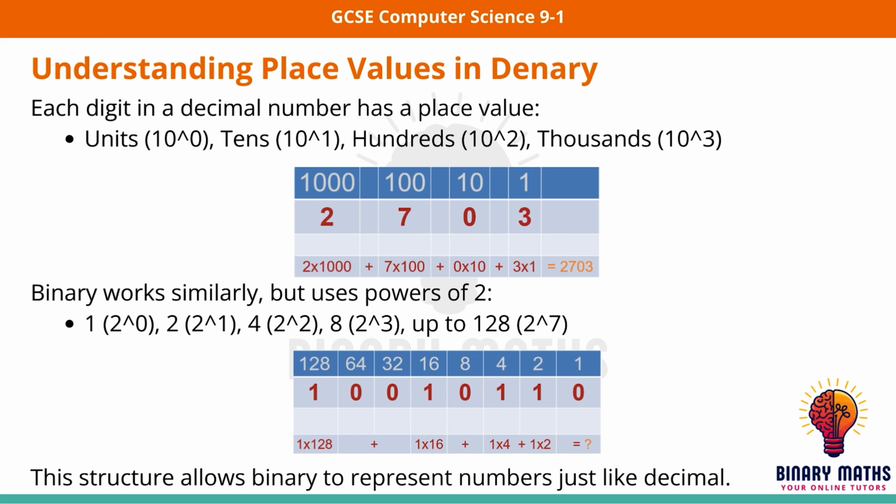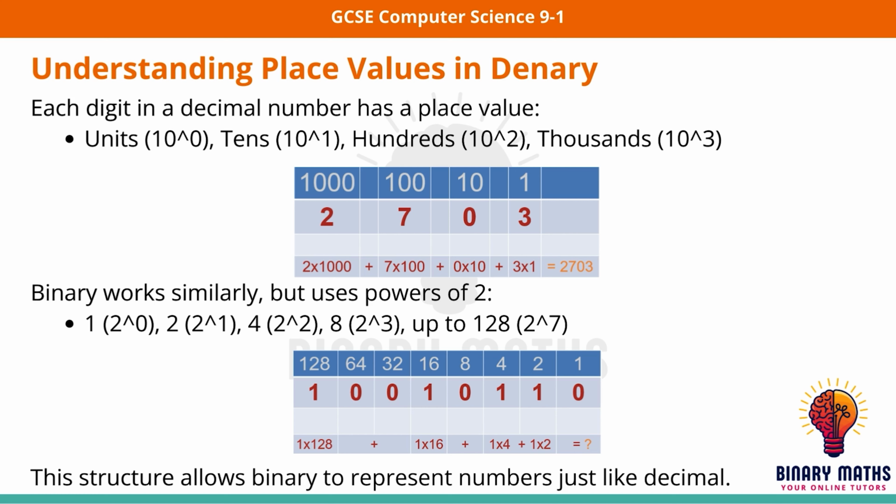In the denary number system, every digit has a place value. The first digit is the units column. The next digit is the tens column. Then the third column is the hundreds column, and then we have the thousands and so on. Binary works the same way, but using powers of 2.